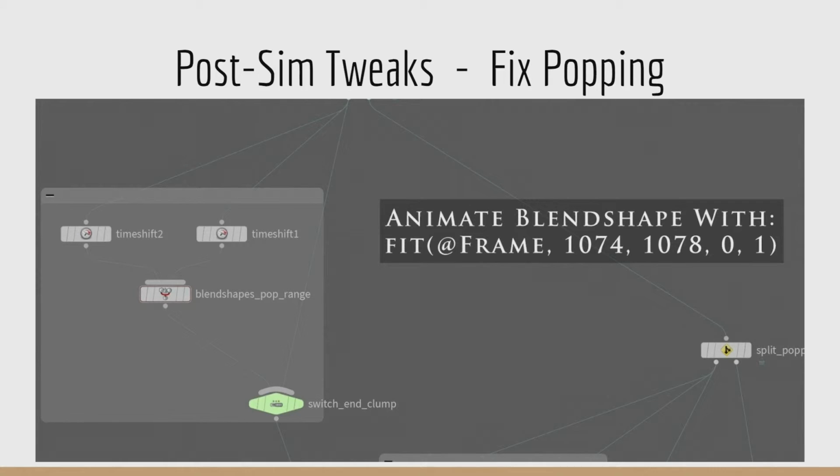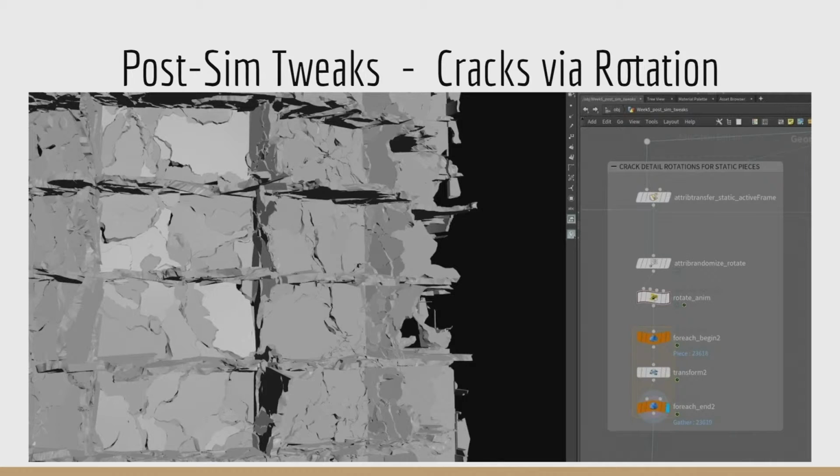And my little shortcut that I always like to use to animate lots of parameters, whether it's a blend shape or smoke solver, turbulence or something, is to use a fit function on the frame rather than mess about with keyframes, because it's annoying to keyframe everything. You can just use a fit function on the frame and then give it a start and end value for your animation and the values you want it to return.